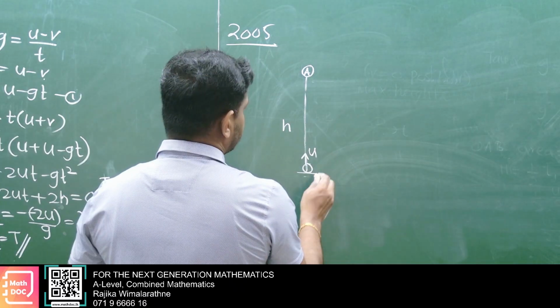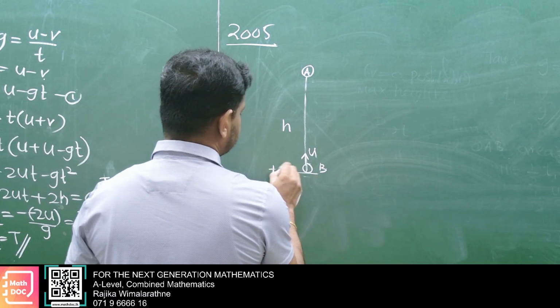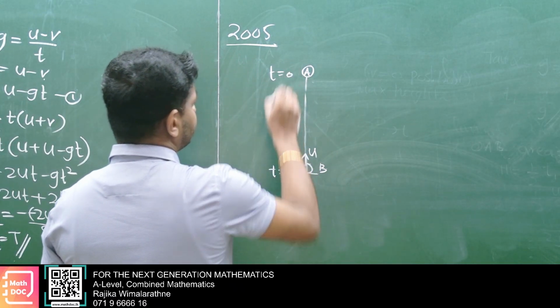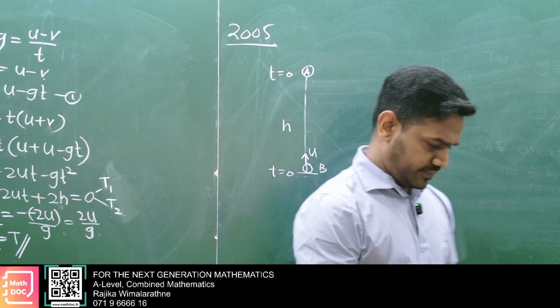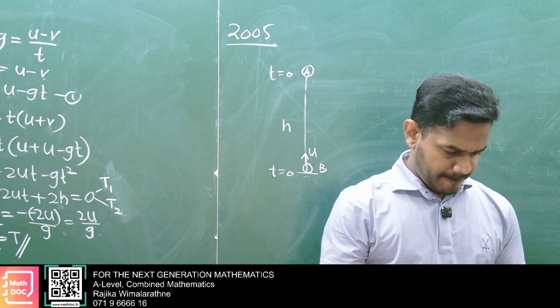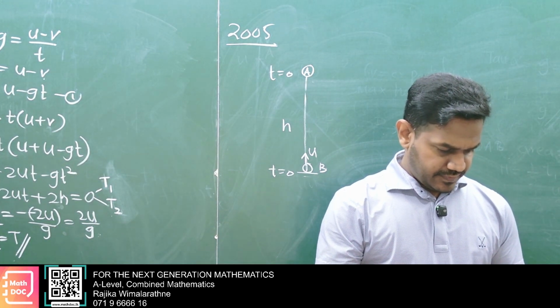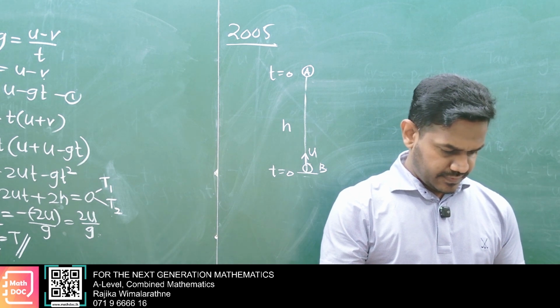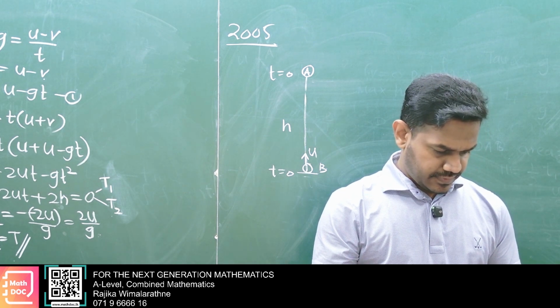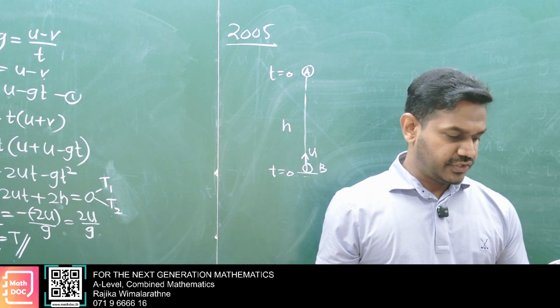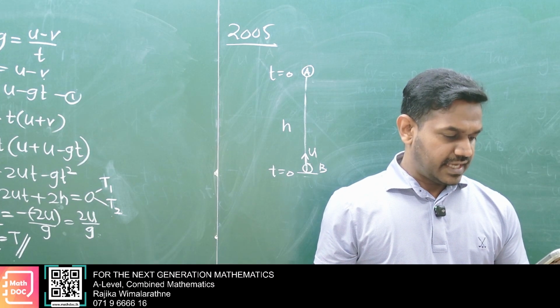Here u, okay, this is particle B at t equals 0. So we have to show they are at the same level.